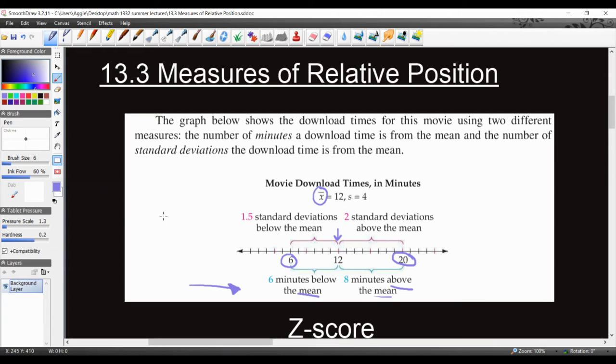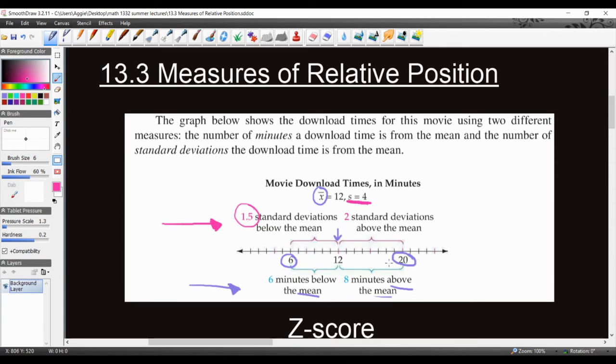Another way to measure it is using something called a z-score, and that relates to the standard deviation. It tells us up here that the standard deviation is 4. If you compare that to the 12, 6 is 6 minutes away from 12. That would be 1.5 standard deviations away from the average.